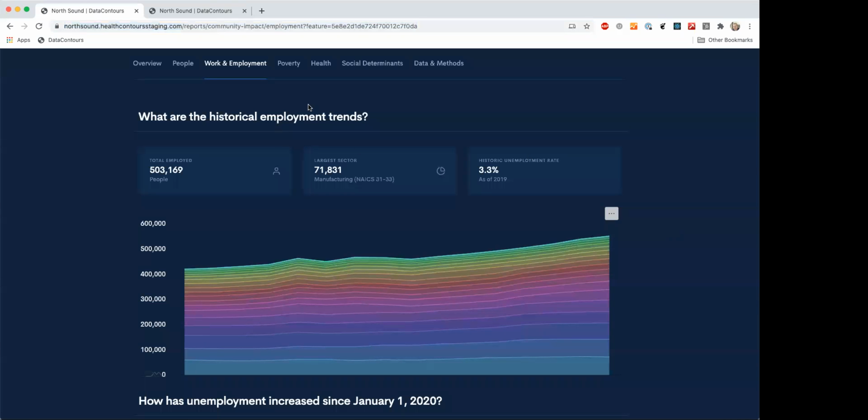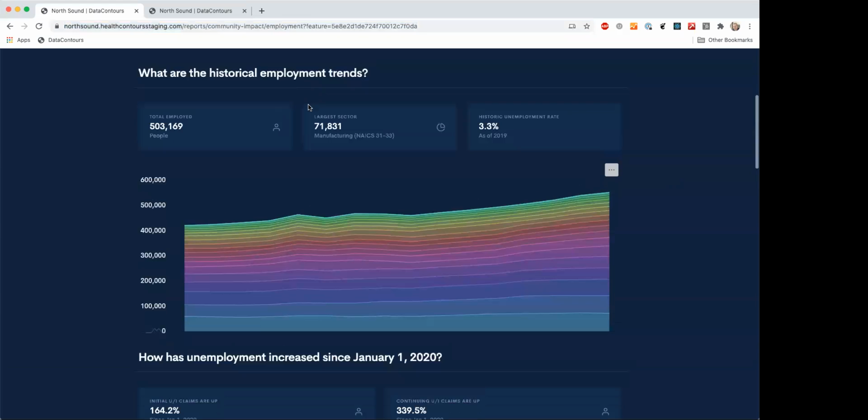For those of you that don't recall or that are new, the goal behind this has been to fill in some of the gaps around current data, specifically community, social determinants, health impacts, and some economic and poverty measures as well.